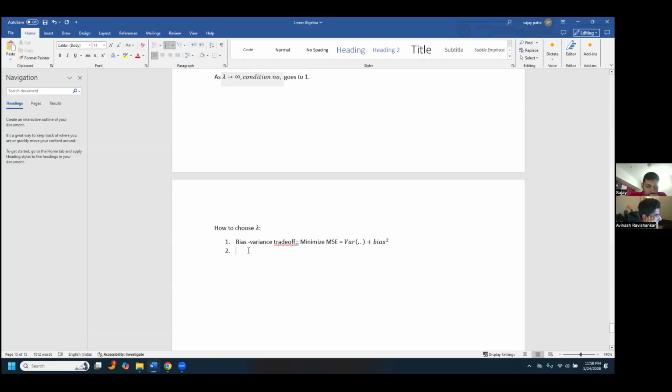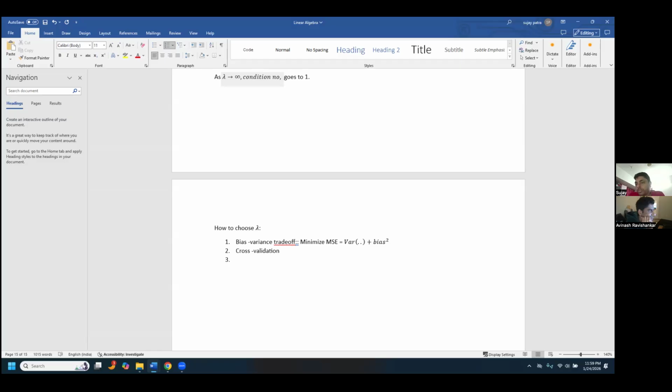Okay. The second is cross validation. He mentioned k-fold cross-validation. Yes. So what you do is you divide your data set into maybe k equals 10 parts. You use any 9 of them at a time and see how much the prediction error is on the 10th. Then you rotate which part plays the role of the 10th, and you add up all the sums of squares of errors.